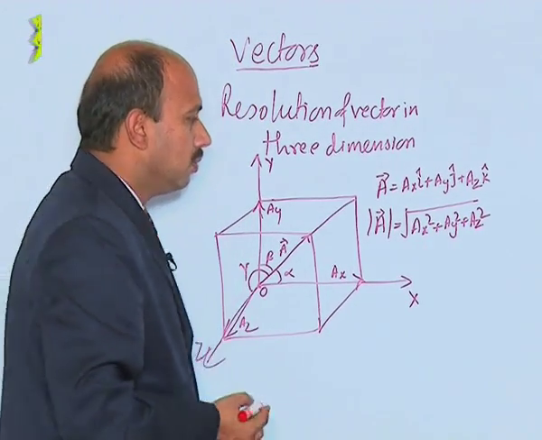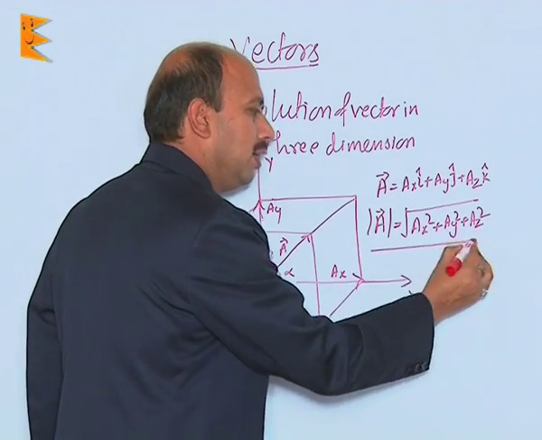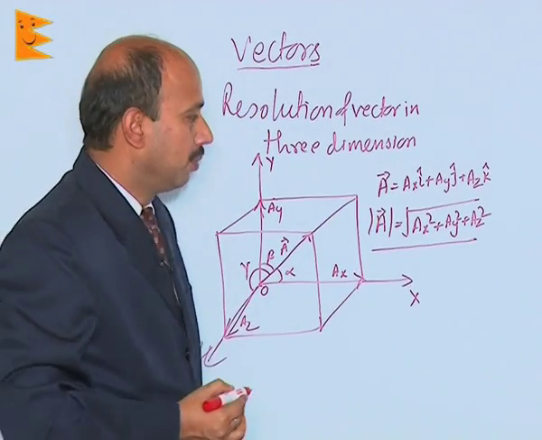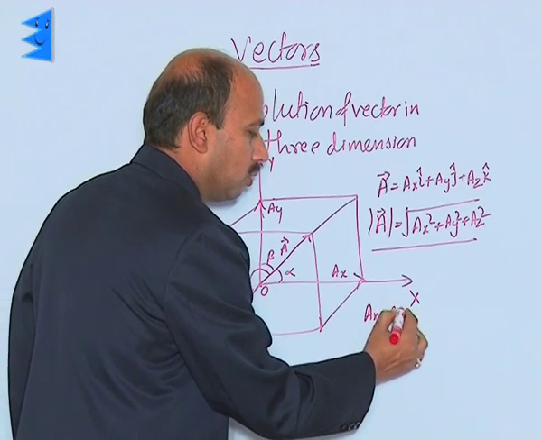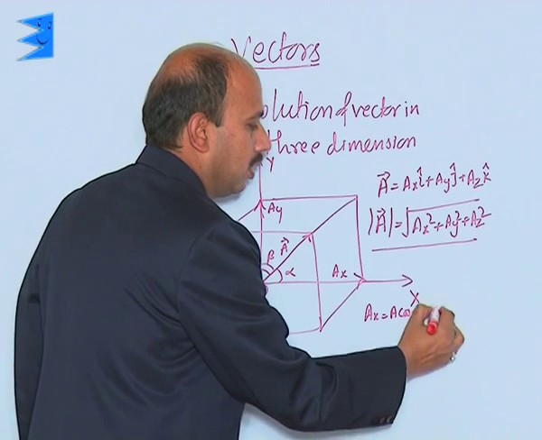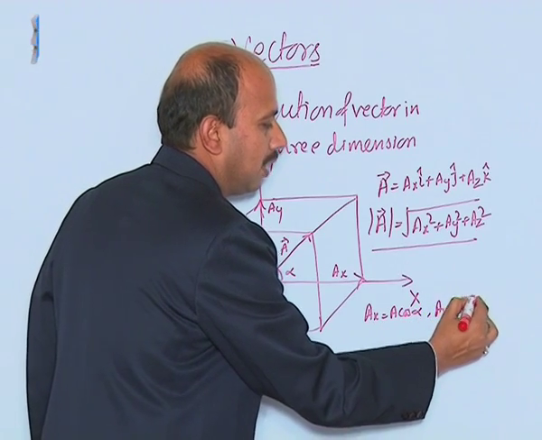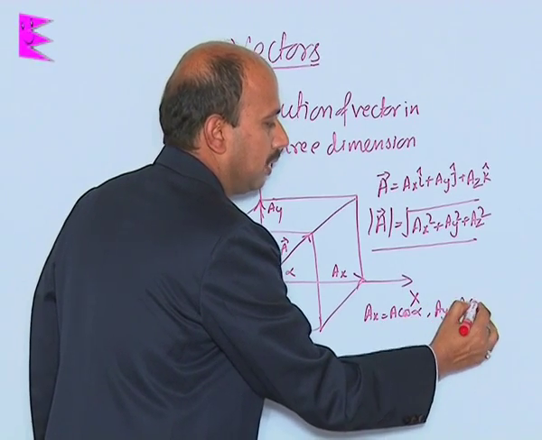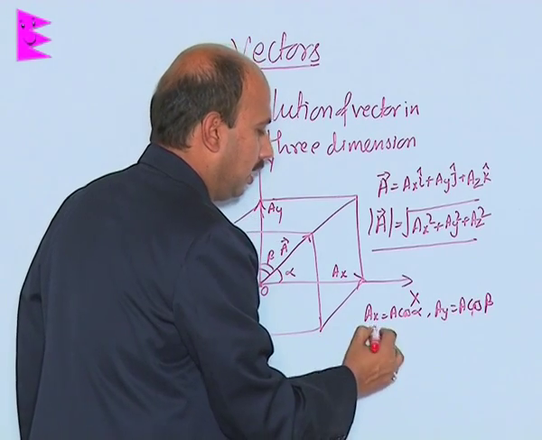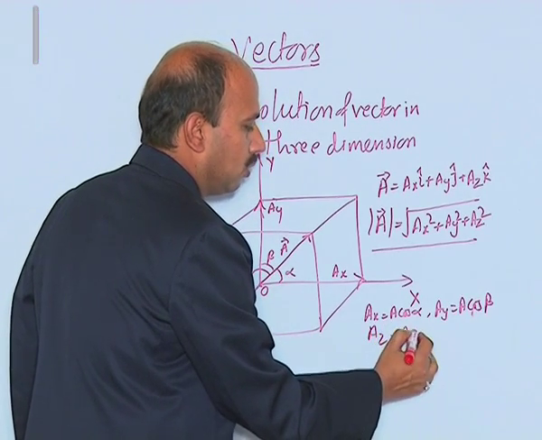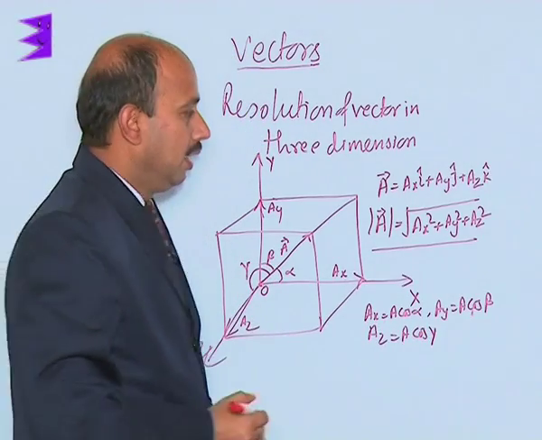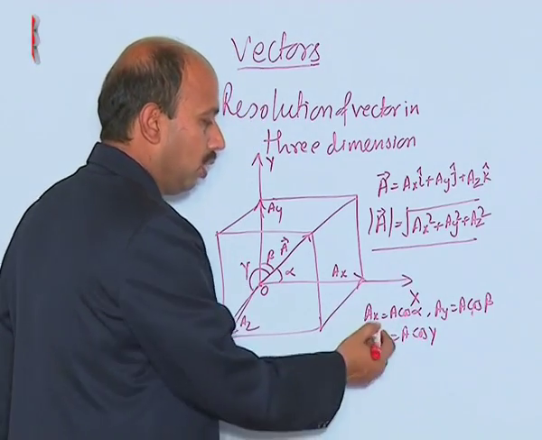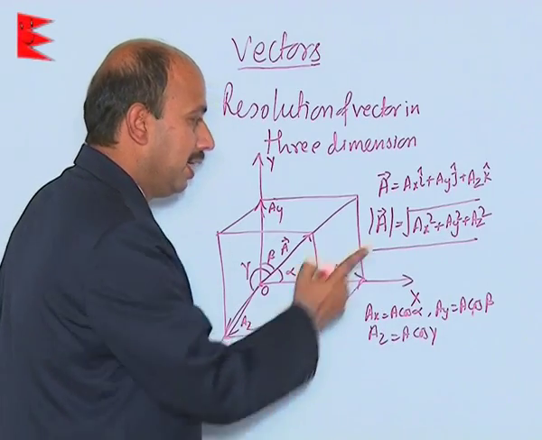Now, see here, we can also get one interesting formula from here. We can write simply Ax is equal to A cos alpha, Ay is equal to A cos beta, and Az is equal to A cos gamma. If you put all these values here, what will you be getting?